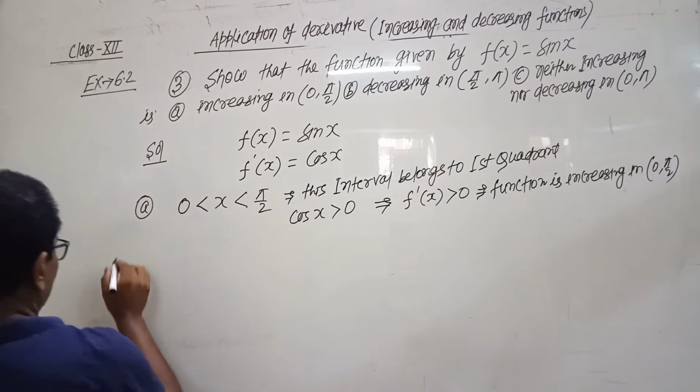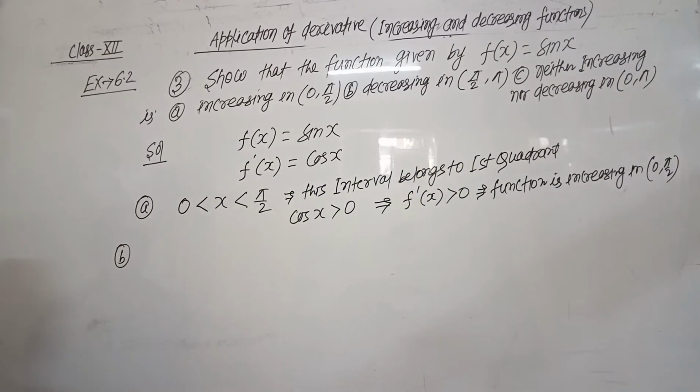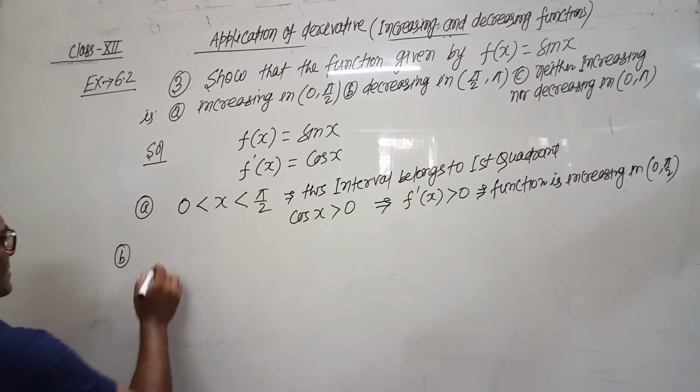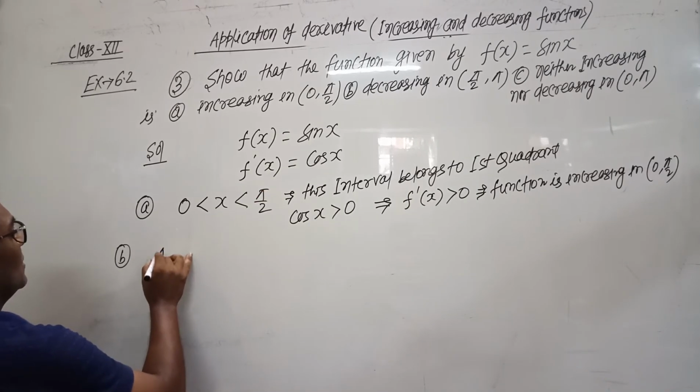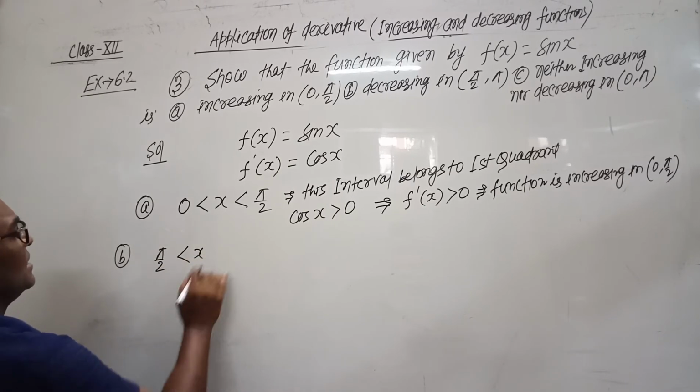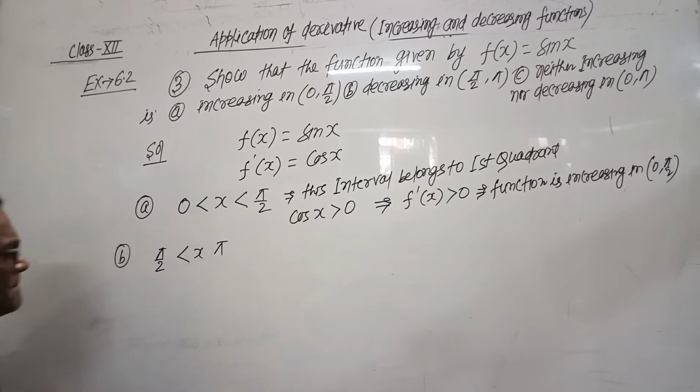Now for the second part, we have given the interval pi by 2 to pi, means pi by 2 is less than x is less than pi.